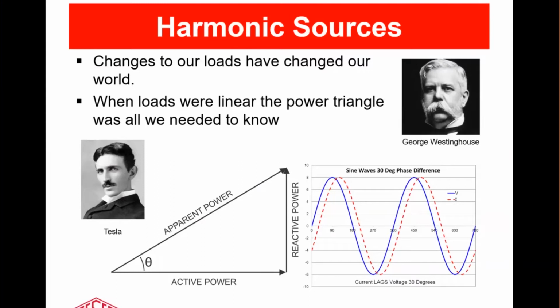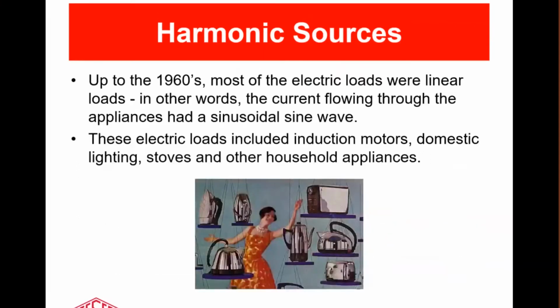The power triangle worked, and people didn't really worry very much, except in a few cases, about harmonics. Most loads didn't generate them. That held true up until the 1960s. Most loads were either resistive loads or they were inductive loads, plain synchronous motors.